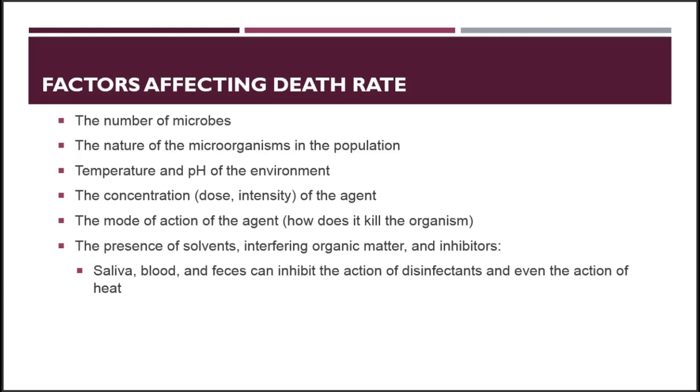And then the mode of action. So depending on the chemical agent that we choose, that agent is going to target different aspects of that microorganism. So some agents target different things, and depending on the target, it could take less time or longer time to kill those organisms. And then the presence of any interfering substances, organic matter, solvents, or other inhibitors.